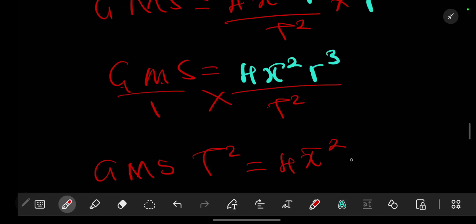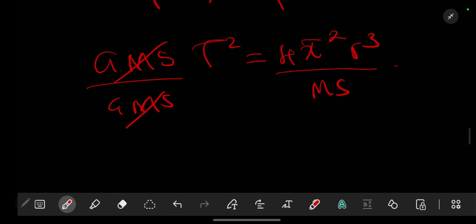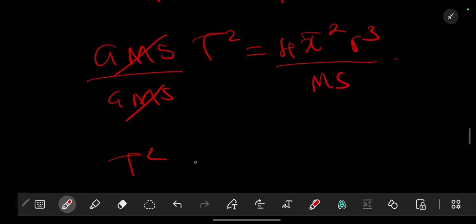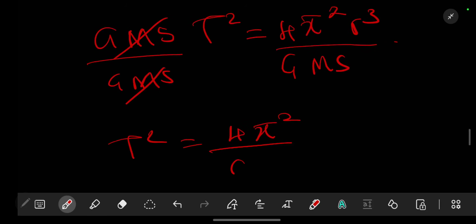Then we want to leave t squared alone, so we divide by GMs. So our t squared is equal to 4 pi squared over GMs, times our r cubed.